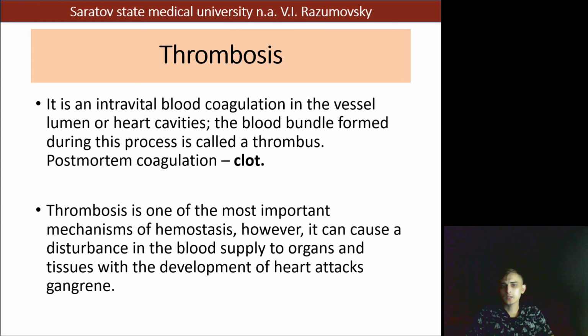Pathogenesis factors. We may find local and common factors. Local factors are change in the vascular wall, slowing down and disturbance of blood flow. Common factors are imbalance between the coagulation and anticoagulation systems of the blood and changes in blood quality.